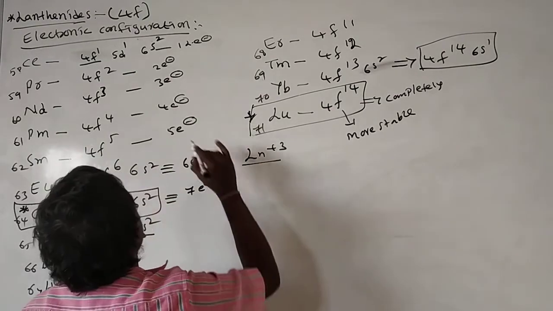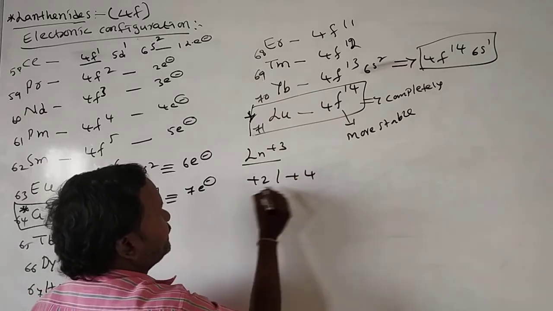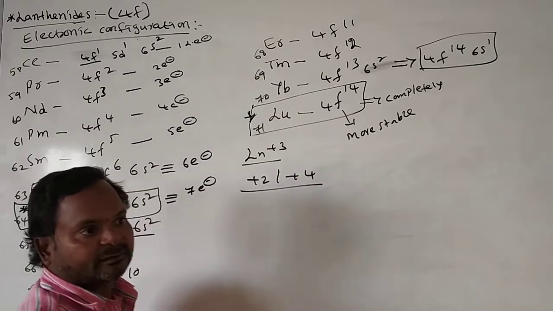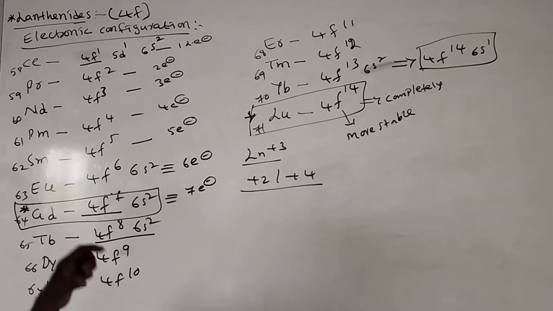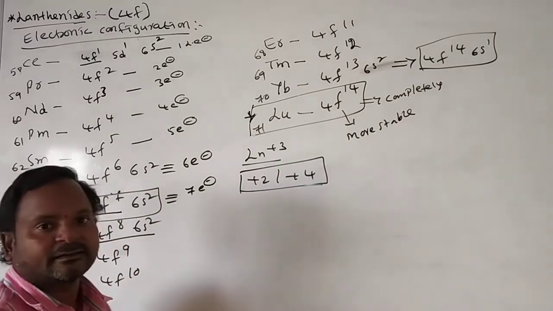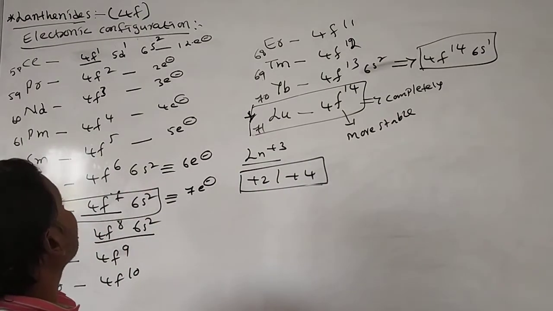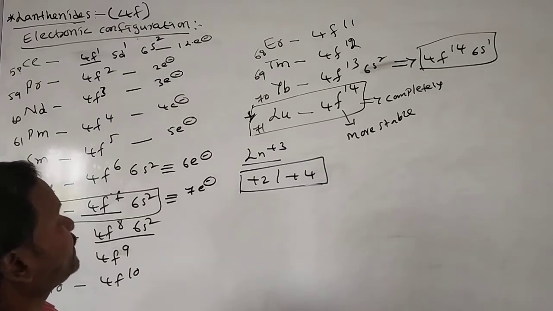But the other lanthanides exhibit +2 and +4 oxidation states too, +3 and +4. Sometimes it exhibits +3, sometimes it exhibits +4. And the stability of an ion depends on its oxidation state.